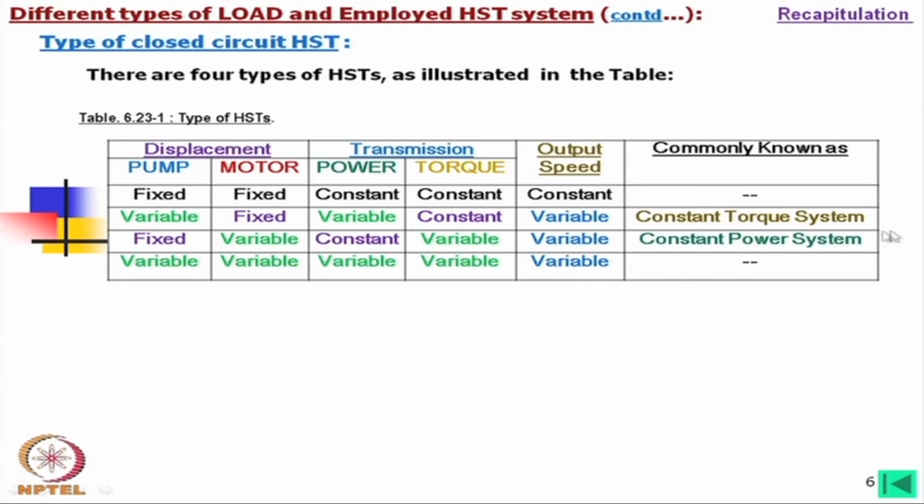This can be made a constant power system, a constant torque system, or an ordinary system, but this will definitely be expensive. Otherwise, I would suggest in every case we can go for such an arrangement, but if not much variation in power and torque is required, we need not go for such a system, because this will be expensive.